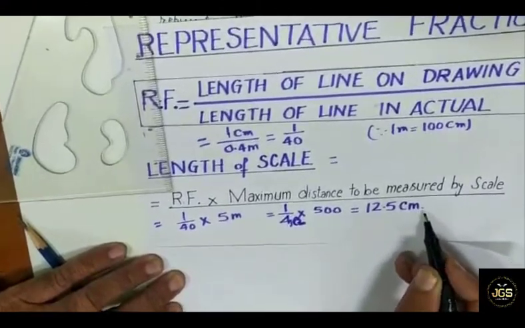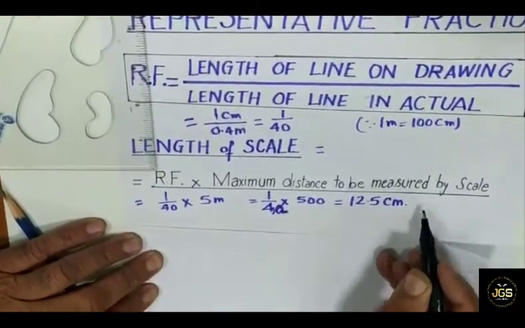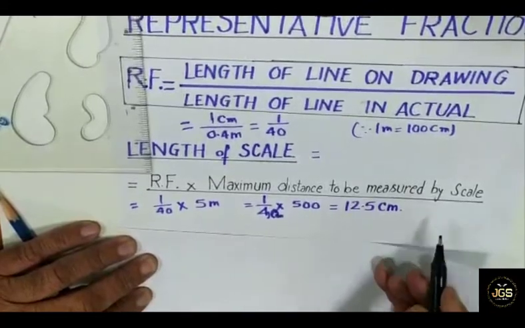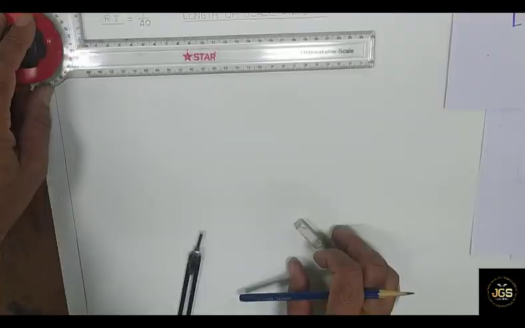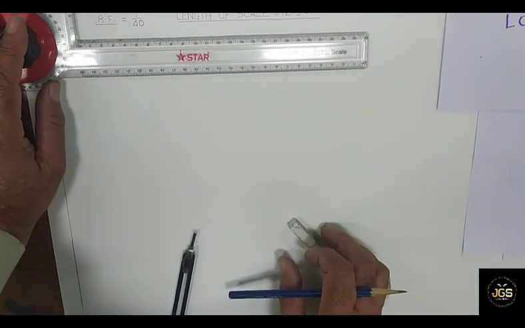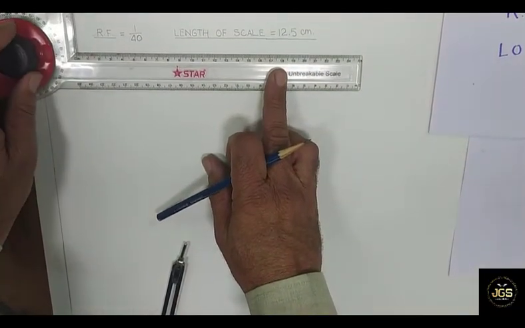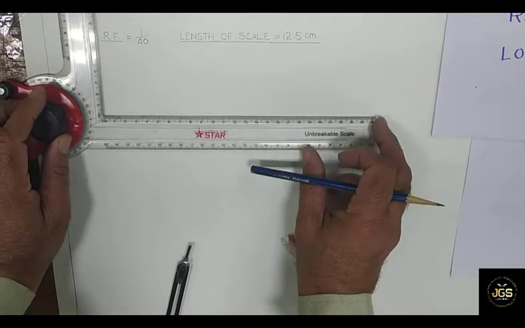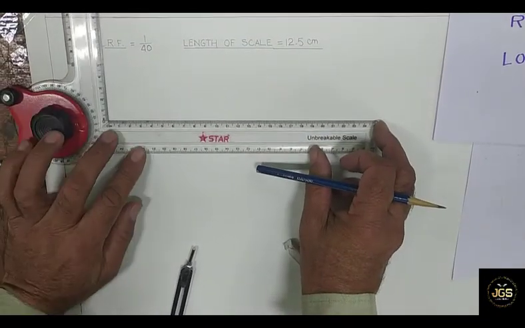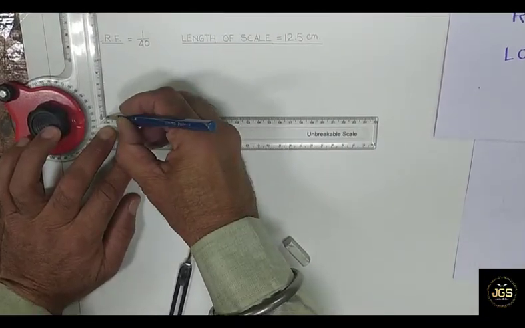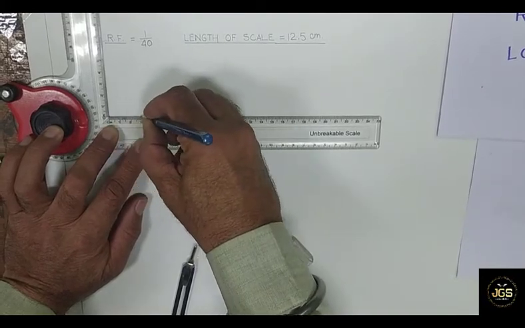So then we are going to draw this scale on the drawing sheet. We have calculated the length of the scale as 12.5 centimeter. So you take the pencil and mark over here a line that is equal to 12.5 centimeter.